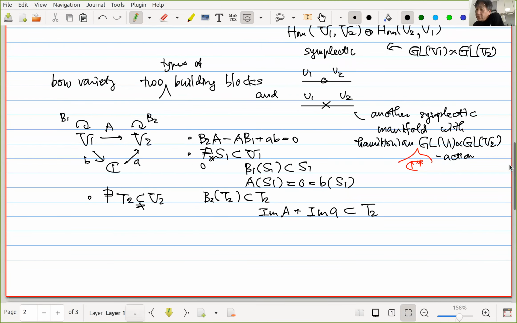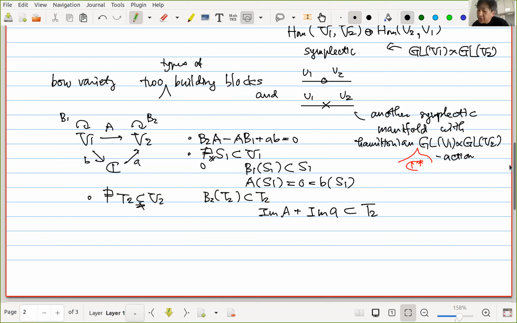So this is the variety corresponding to this building block. You don't need to understand the definition precisely. Of course, if you want to really study the properties of the variety, you must be familiar with this definition. But at this moment, I use only basic properties of these varieties.